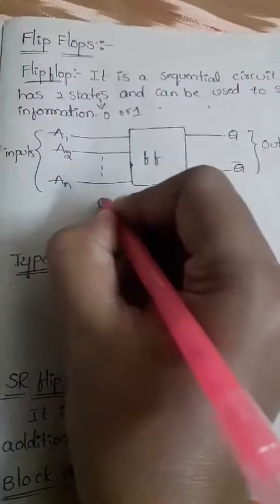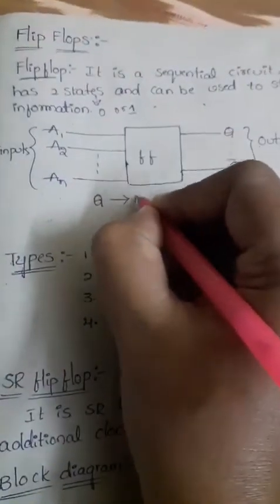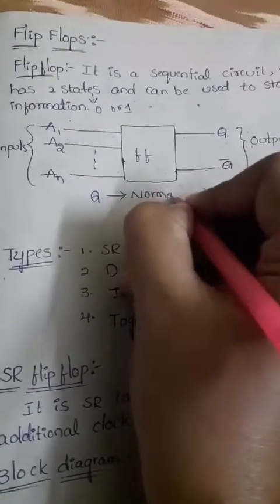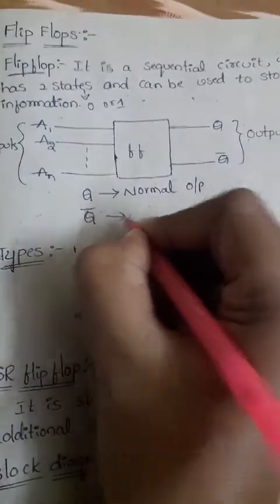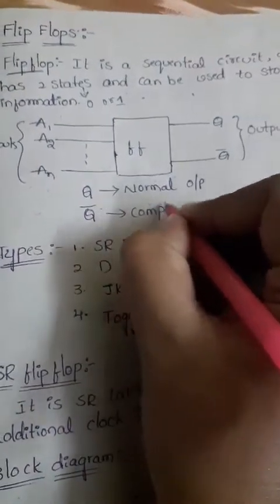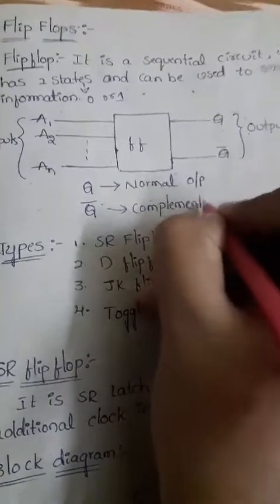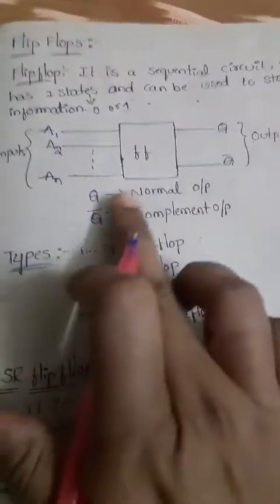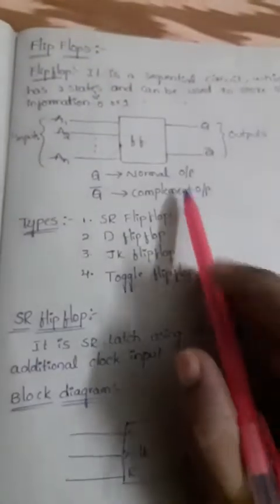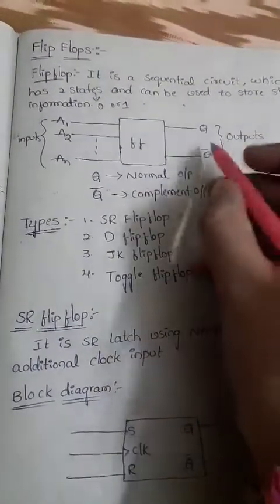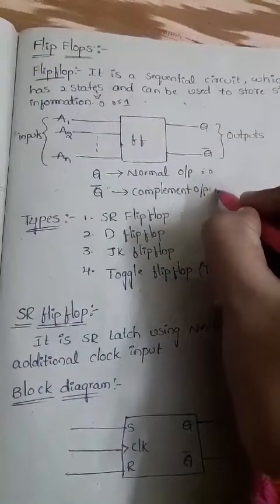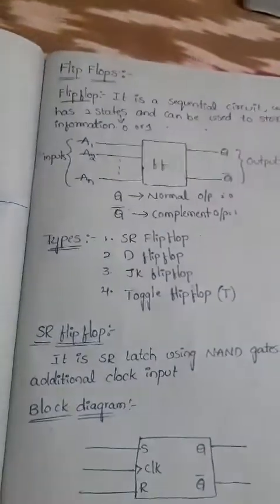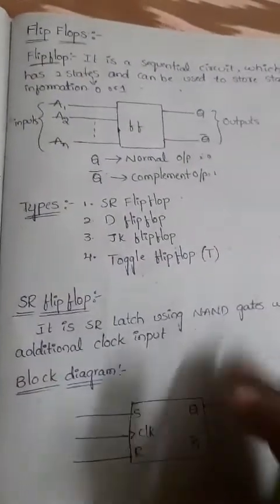Q can be considered the normal output, and Q complement is the inverted output, exactly the opposite of the normal output. For example, if the normal output is 0, then the complement output is 1. This is the flip-flop block diagram.